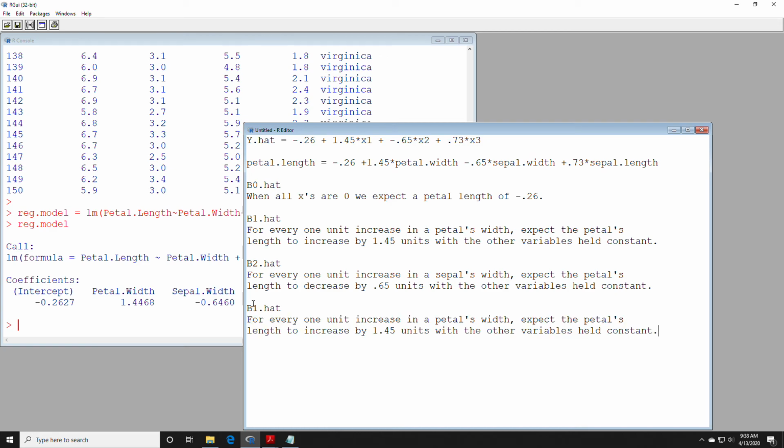And then the slope for the third is pretty obvious, I think. Whenever we increase a sepal's length by 1, we expect the petal's length to increase by 0.73 units, provided we hold the other variables constant.